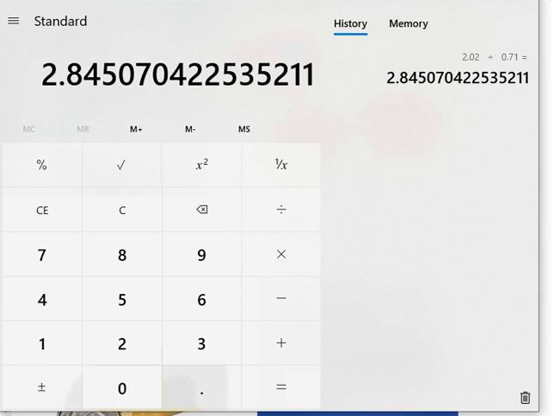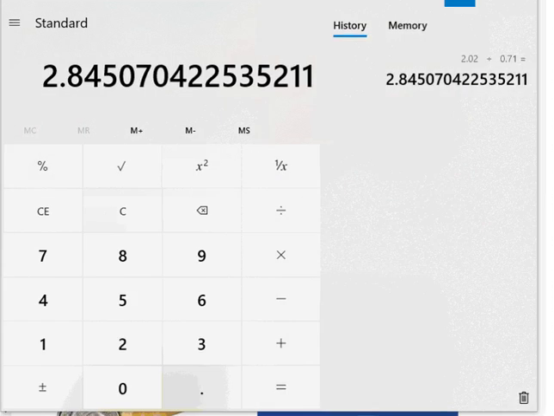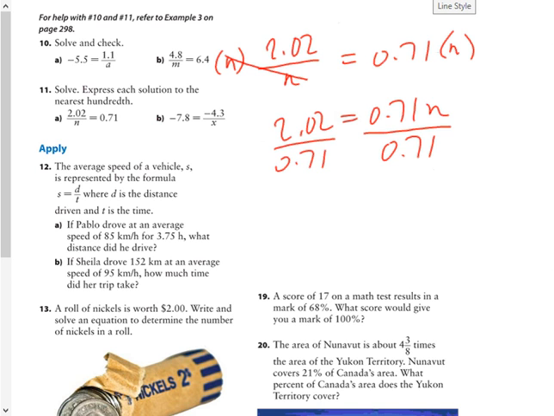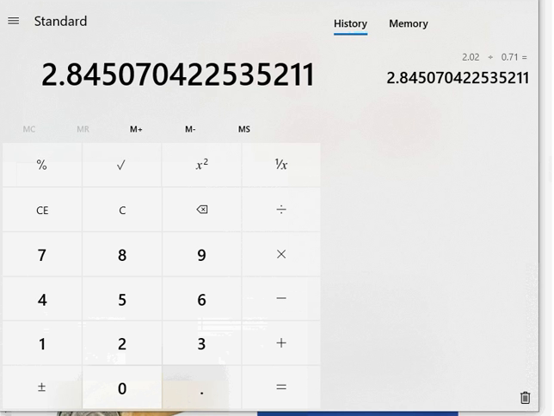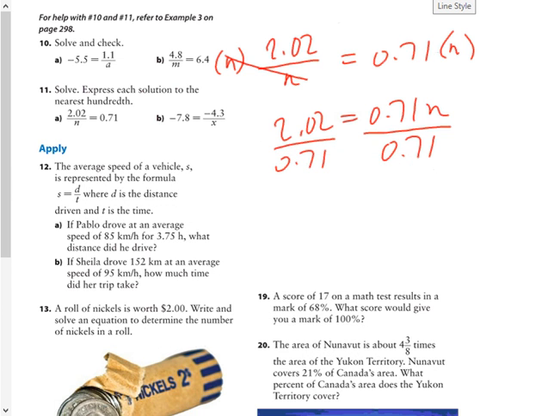I get a big long string of numbers. And I think it says round to the nearest hundredth. So when I round to the nearest hundredth, which is your second decimal place, it's going to be 2.85. So n equals approximately 2.85. Make sure you use an equal sign with a wavy line above it, or if you want, you can use the words approximately equal to. Both are okay. We don't really care. We're not that fussy.